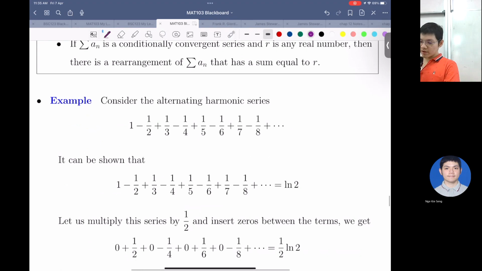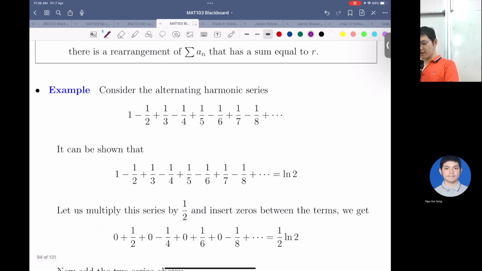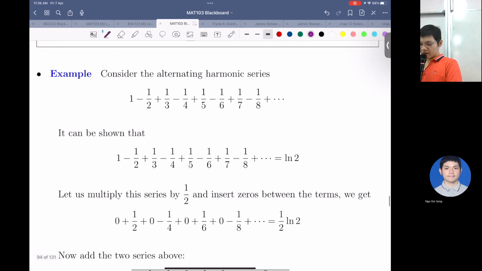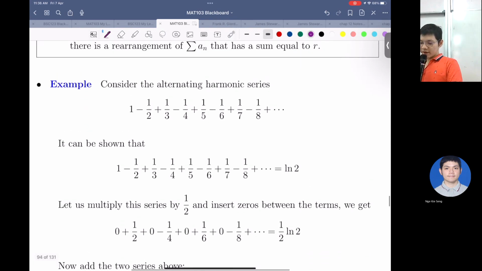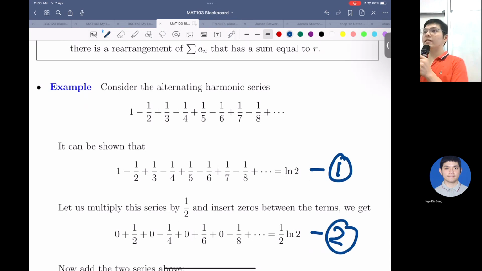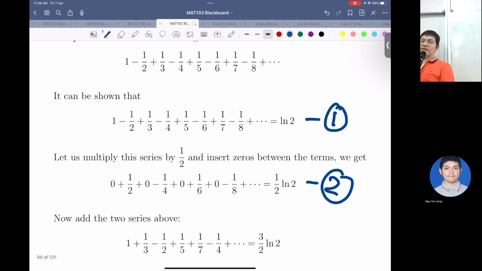If we do some manipulation of this series and multiply by half, and then add alternating zeros, and apply this to both sides, we get this equation here. Then we add the two series together. What happens is we get back our alternating harmonic series again, but in a different order.